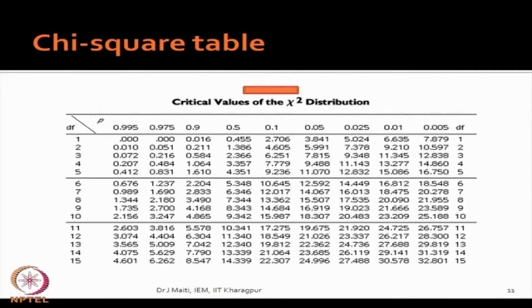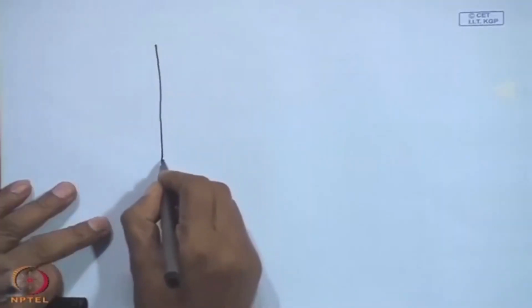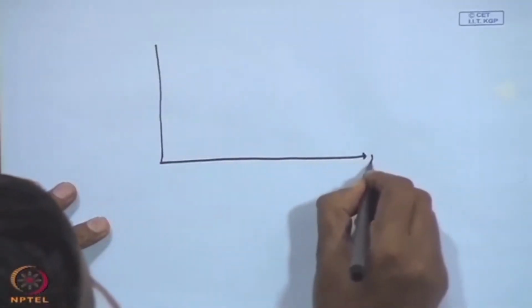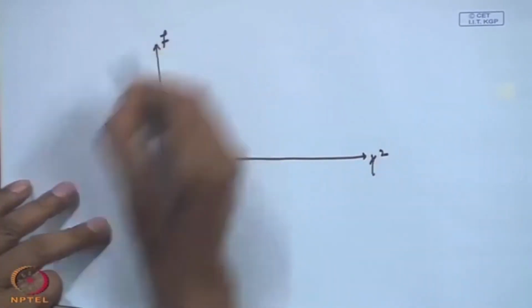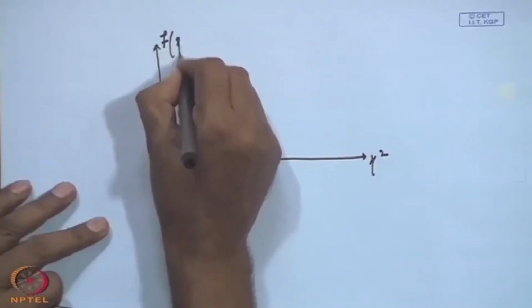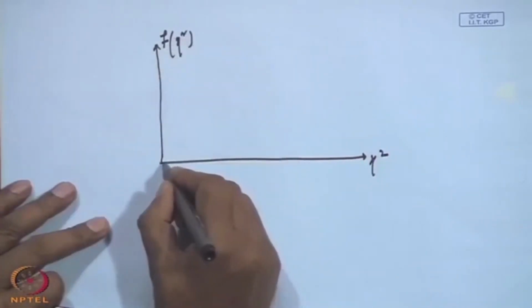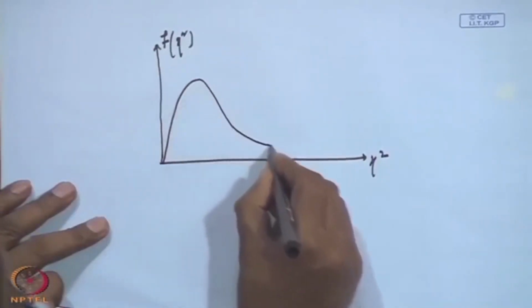So, how to use this table? Any idea? For example, let the chi-square distribution PDF be like this. Let the distribution look like this.